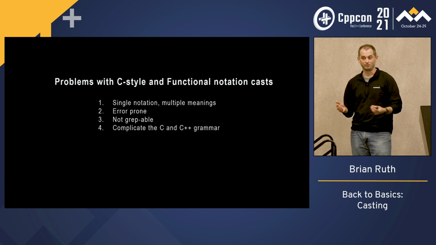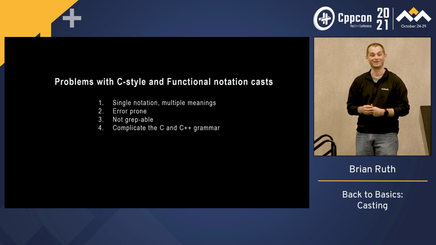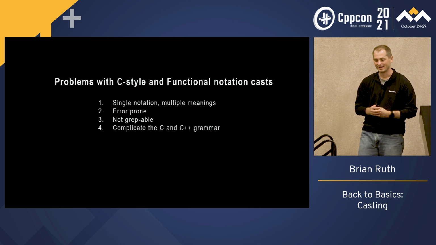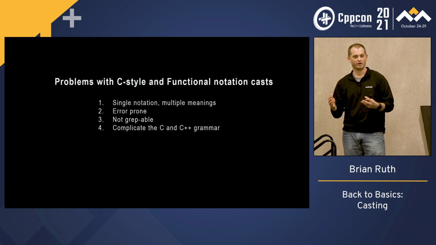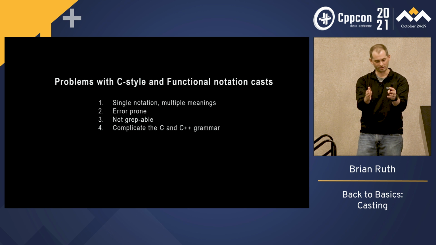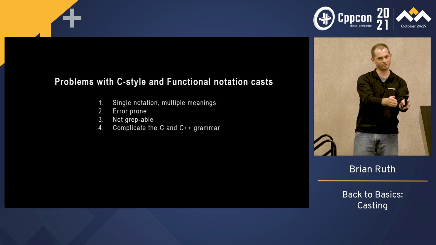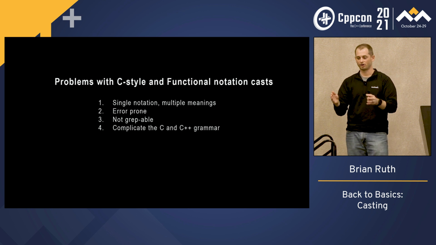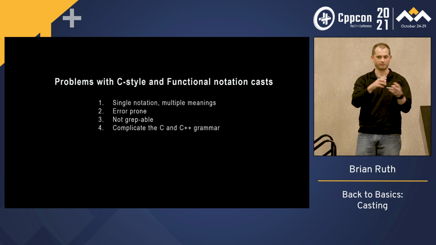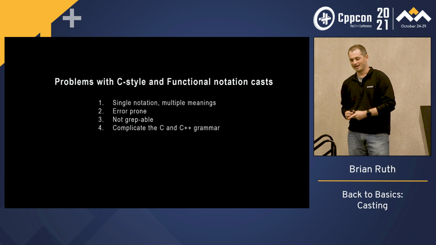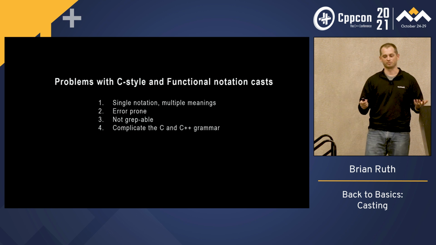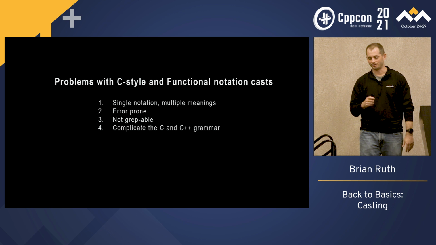It's error prone because you can do things that you don't really intend to do and it doesn't give you warnings. It's not greppable, so you have no way of searching, well, is this version of an int cast going to be reinterpreting the bits? Is it truncating the bits? What is it doing? So there's no way to determine all the places you're trying to change the meaning. And it makes the overall grammar more complicated, the parsing and things like that.